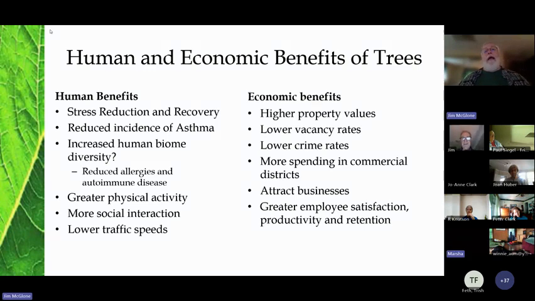We get more spending and more people coming to commercial districts. The trees tend to make them destinations rather than just someplace to stop in and buy something. So we get more commercial activity in those areas.